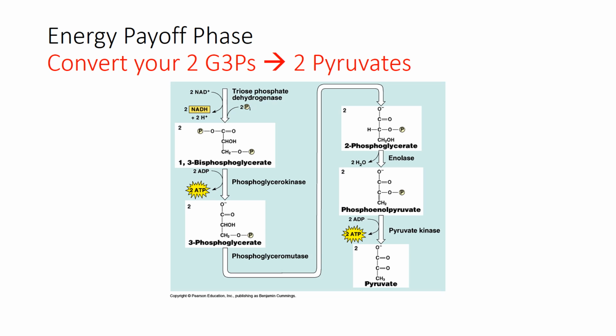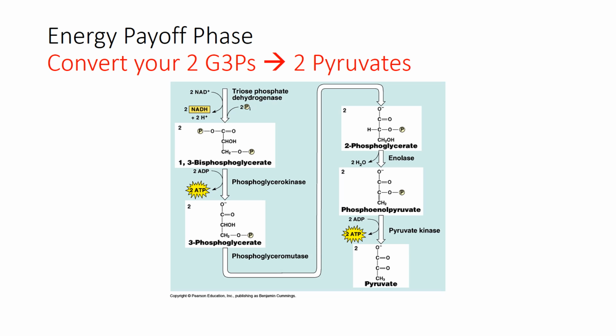We now have 3-phosphoglycerate, and another enzyme comes in. It kind of rearranges it a little bit. And we're now at 2-phosphoglycerate, and another enzyme comes in, pulls off a water molecule, rearranges the bonds a little bit. We now have phosphoenolpyruvate.